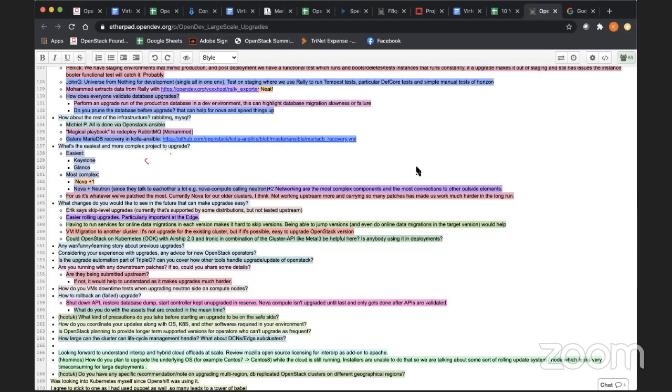There's still an Icehouse and a Kilo floating around out there, I think, from the last one. But there used to be 0 on the latest version and maybe 1 or 2 on the N-1, and then it would start to balloon out as you got back towards Mitaka. There was a big block there between Mitaka and Newton for a long time. Yeah. Well, we went from Kilo to Newton, but I know there's rumors that we're moving to Queens or Rocky. So.